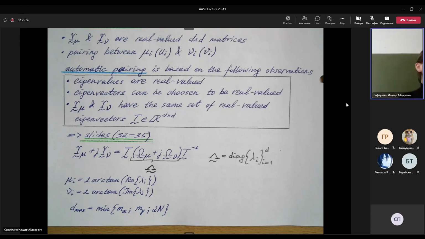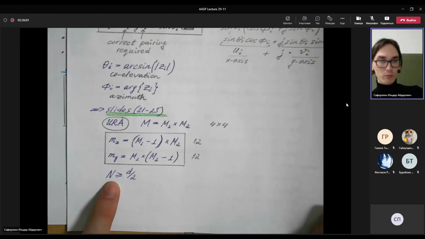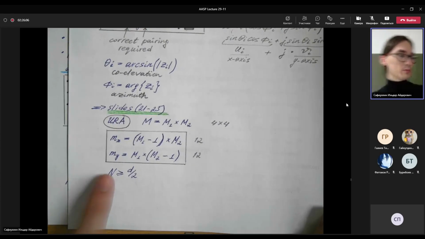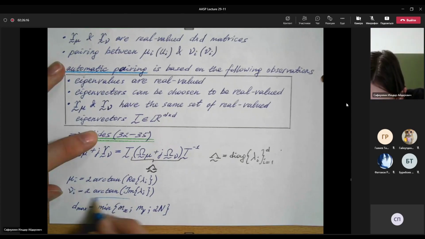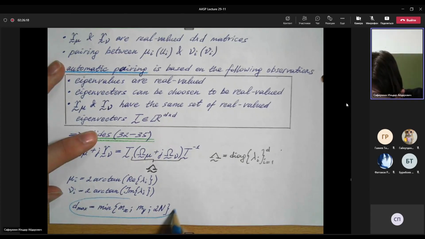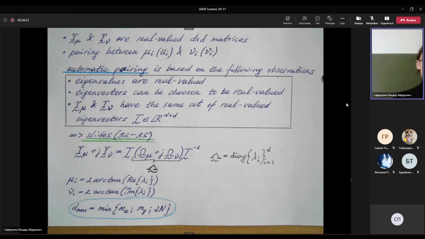So we just rewrite it with respect to d in this case. So 2 times N. And let's maybe indicate it with blue color here, to see that it is useful information for us.